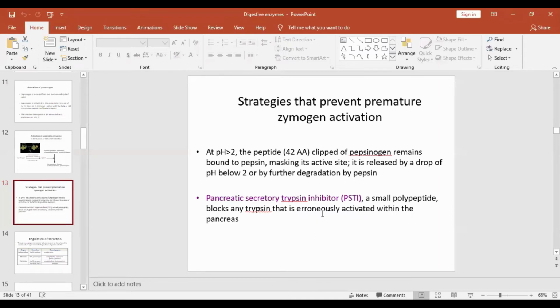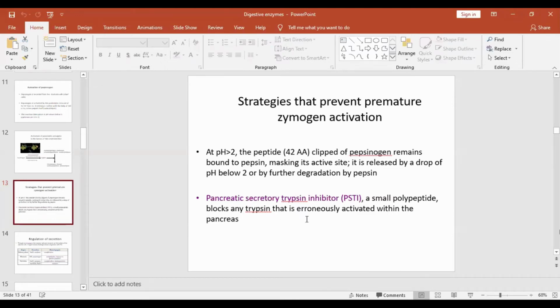Another enzyme inhibitor is the pancreatic secretory trypsin inhibitor, a polypeptide that blocks any trypsin that is autonomously activated within the pancreas. Because the pancreas is producing different types of these zymogens, if by chance trypsinogen is converted into trypsin, there is one important molecule, the pancreatic secretory trypsin inhibitor, PSTI, that blocks this trypsin molecule.